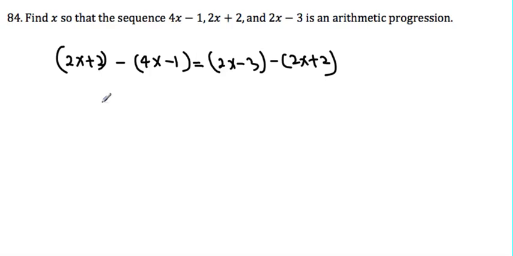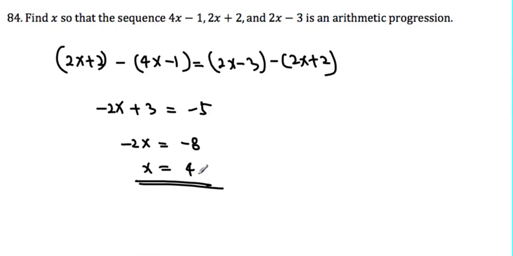Then here we get negative 2x plus 3 is equal to, here the 2x's cancel out, then we have negative 5. Negative 2x must be equal to negative 8, where x equals 4. You see, if x were equal to 4, then this becomes 15, 10 and 5. So those are the numbers that we could have seen.